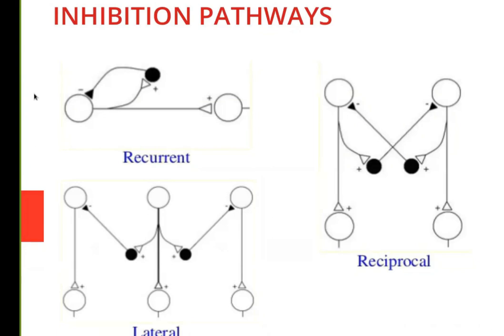In other words, you may say that the neuron blocks itself through an inhibitory neuron. As a result, this neuron blocks itself.